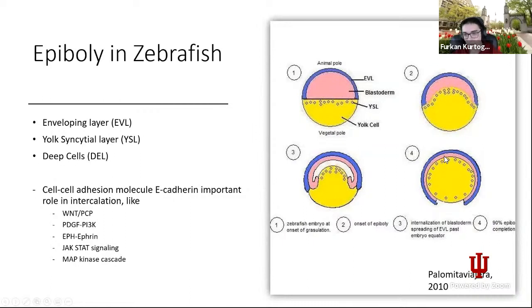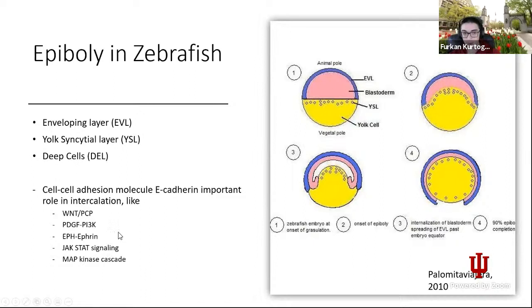There are some molecular mechanisms that control those movements. For instance, E-cadherin is an important molecule, and there are also some signaling networks that have a role in epiboly, like WNT, EPH, JAK-STAT signaling or the MAP kinase cascade.